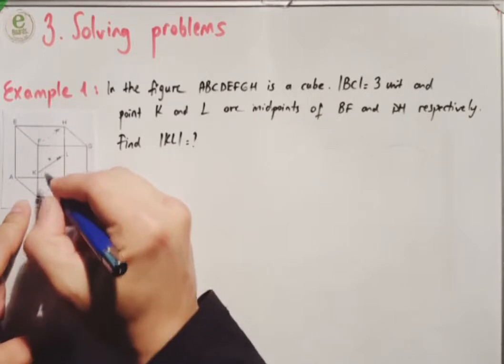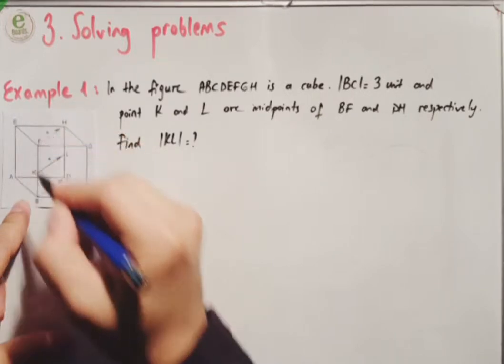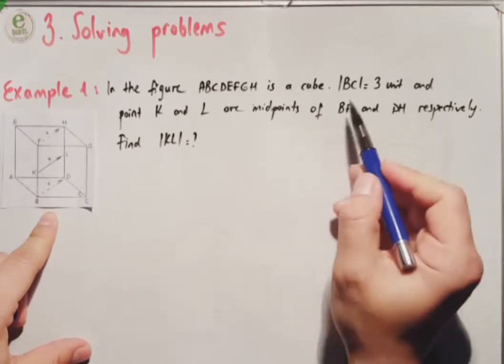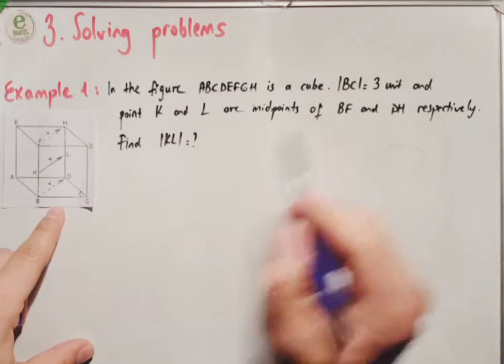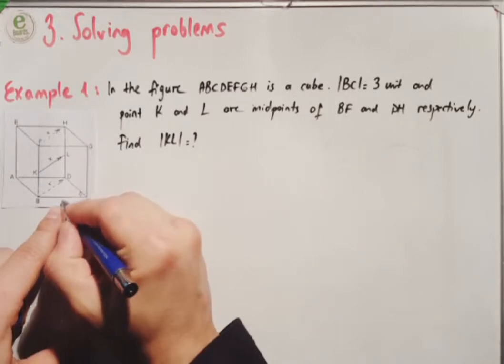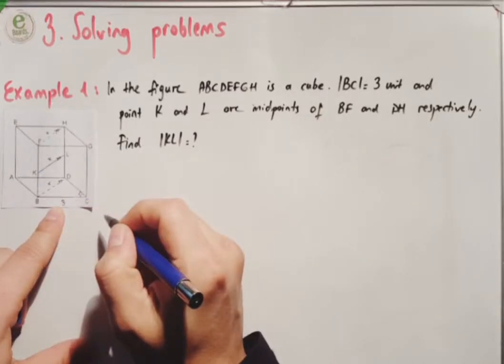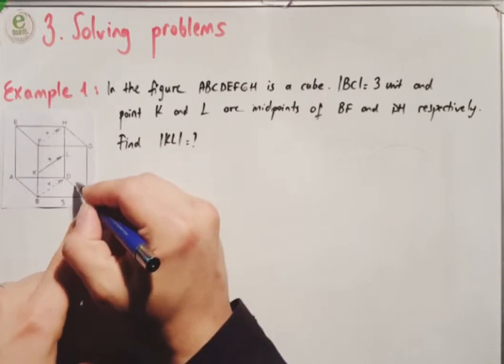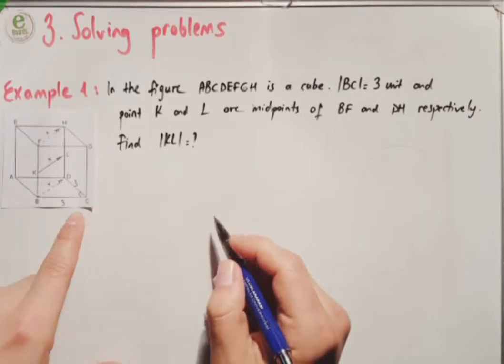So we may call it X. We know that side BC is 3 units. If it is 3 units, in the cube all sides are equal, so DC is 3 as well.